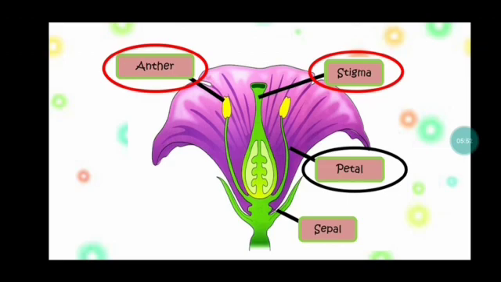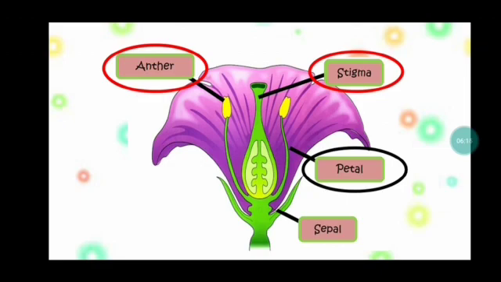Which part? It is the petal. Jadi mahkota. Why does the petal help the plant to reproduce? Because the petal will attract insects. Dia akan menarik serangga to come to the flower, to help the flower make a new plant.